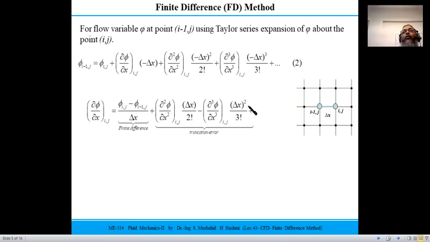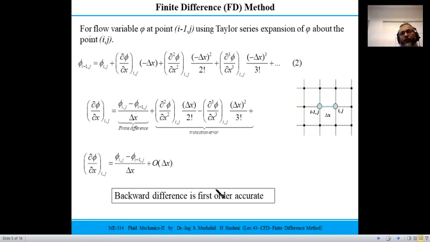From that equation, if I bring the first derivative on the left hand side and the other terms on the right hand side, it is exactly the same as we have done in the forward difference, but in order to calculate the derivative at that point, I have taken information of the backward point. In the previous, we took information about the forward point. Here the order of accuracy for the truncation error is also first order accurate.